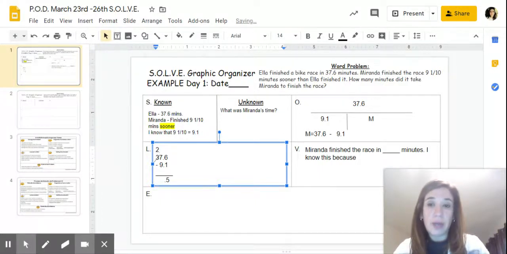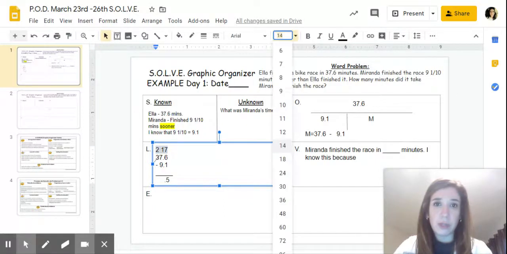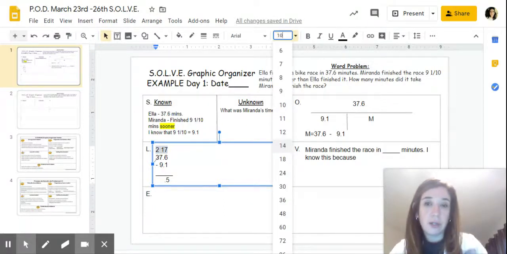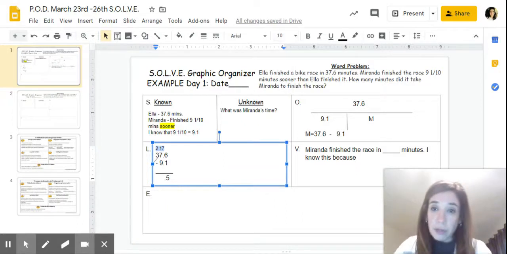And my 7 is now going to be a 17. I can even make the font size on those smaller so that they fit. See, that looks better up there. So I know that the 7 here, I can also use my little line if I want.